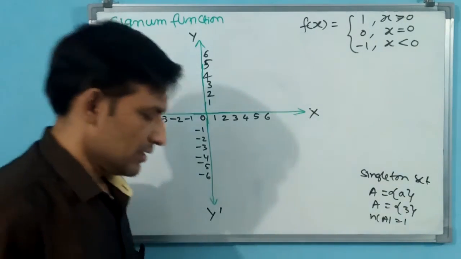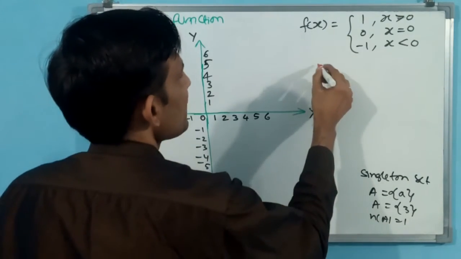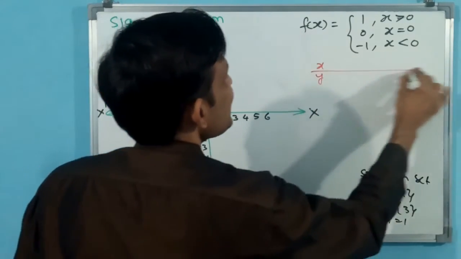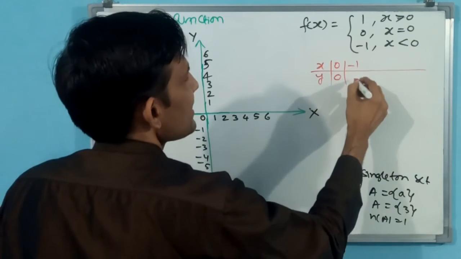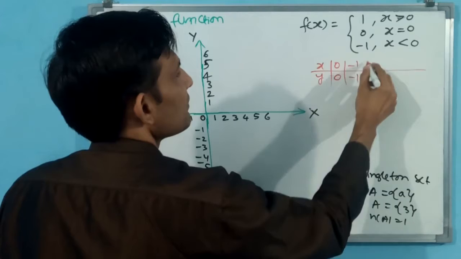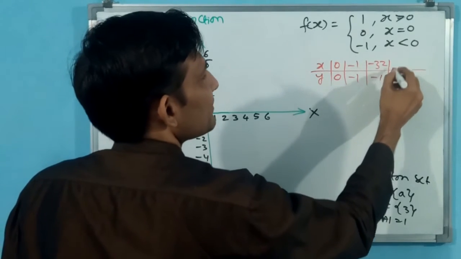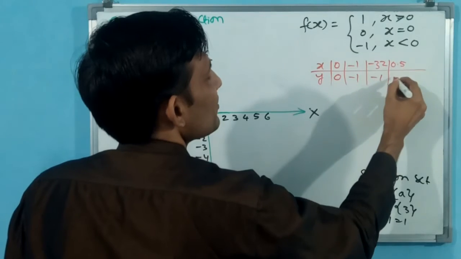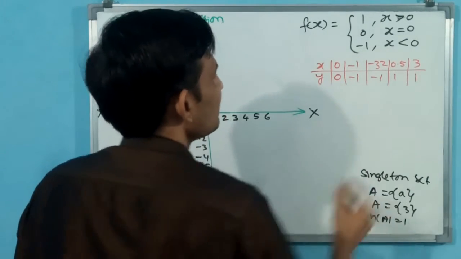Let me write this table also, to show how these come. X, Y. If you give 0, 0 will come. Minus 1, minus 1 will come. Minus 32, minus 1 will come. 0.5, 1 will come. 3, 1 will come.